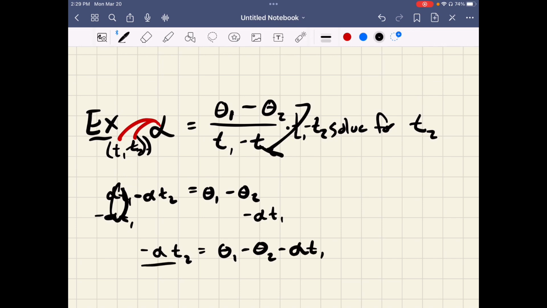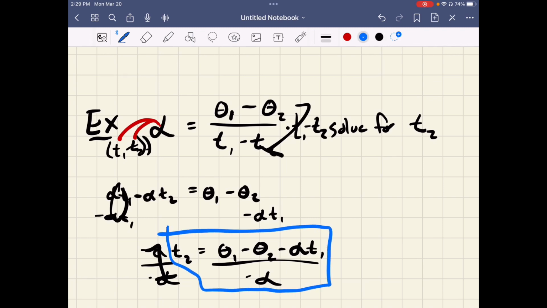And then now I just divide by negative alpha, and that turns into a 1. So our final equation is going to be t2 equals theta 1 minus theta 2 minus alpha times t1 over negative alpha. Okay, so it looks a little bit different, but we now just solved for t2.